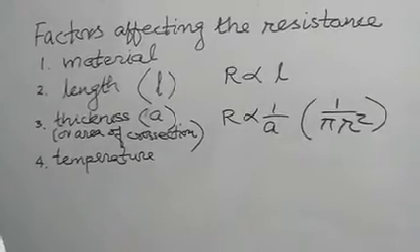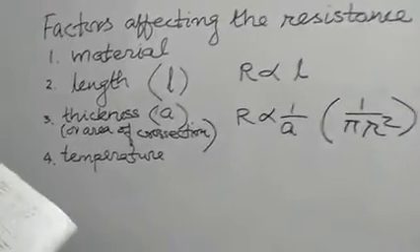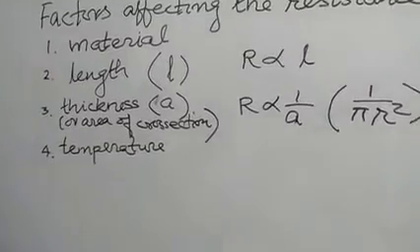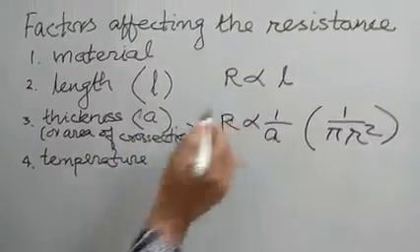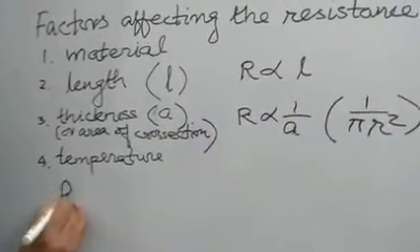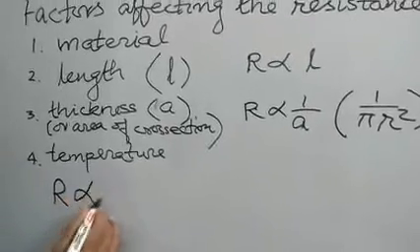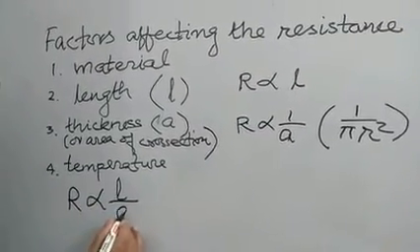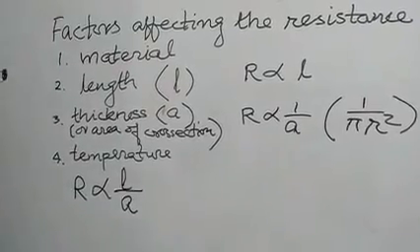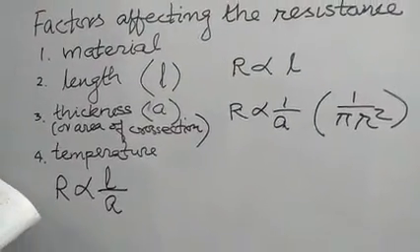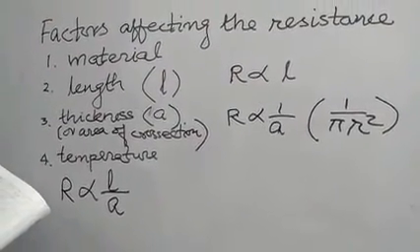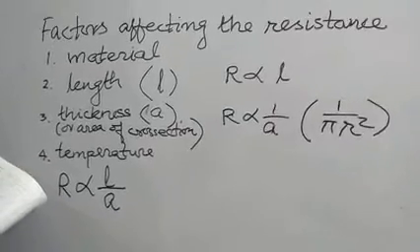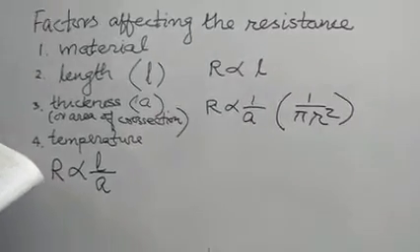we have to come to a conclusion now, and that conclusion comes right here. If you join these two things here, resistance is directly proportional to the length and inversely proportional to the area of cross section. And if you want to remove this sign of proportionality, what do we have to do then?